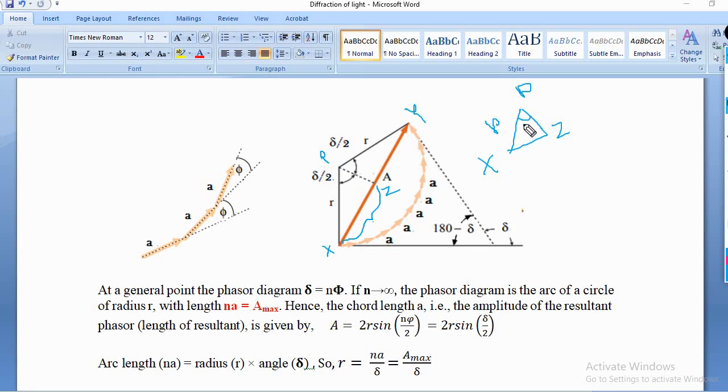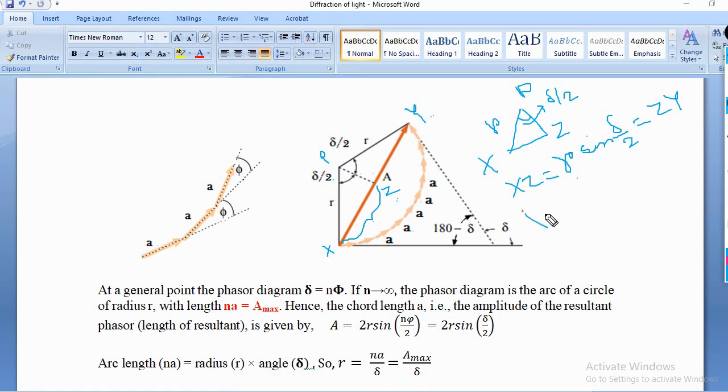This side is r. So now we need to find what is xz. Xz is obviously given as r sine delta by 2. Now what about zy? We have the same thing, r and delta by 2 over there. So this distance is also given by r sine delta by 2.